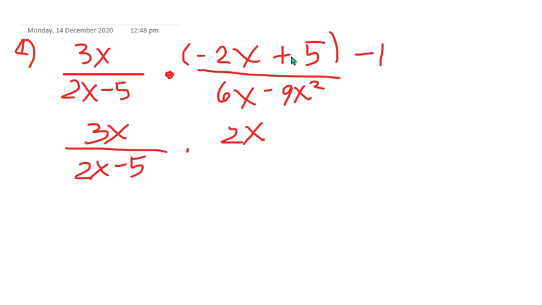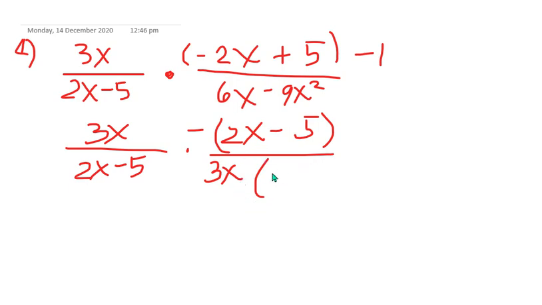Negative 1 times positive 5 is negative 5. So we have here negative over, and then we are going to factor this by using the common monomial factor, the GCF, which is 3x. And then 6x divided by 3x is equal to 2, minus 9x squared divided by 3x is equal to 3x.